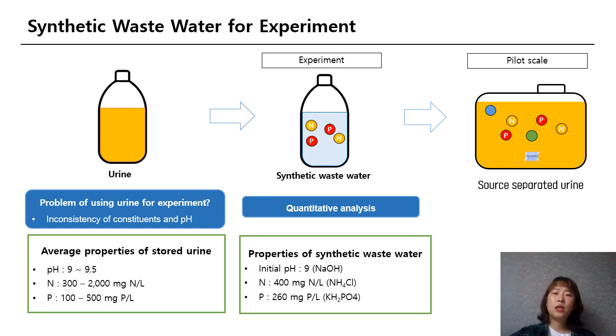Hence, synthetic wastewater was used. Additives are used to recover nitrogen and phosphorus. As nitrogen and phosphorus are removed from water, their removal rates are marked as removal efficiency in the results section.